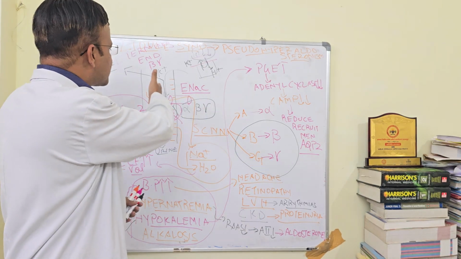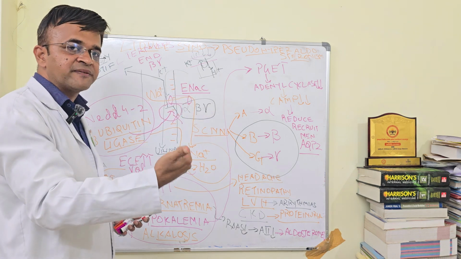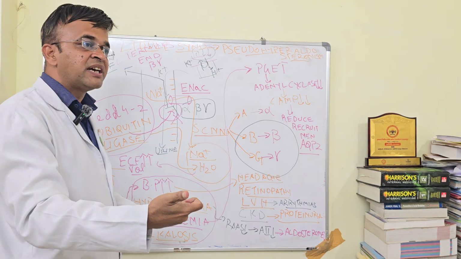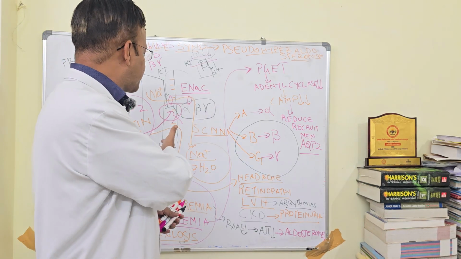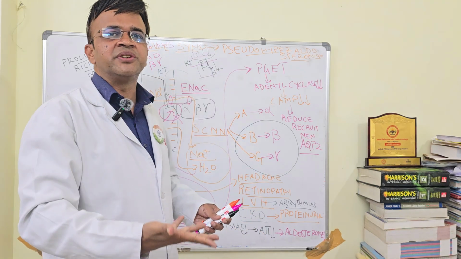If you take less salt, you will have less sodium to get reabsorbed, so that will be effective. Treatment resistant, salt sensitive, and early onset. If this is the problem, you will have hypertension from childhood itself.